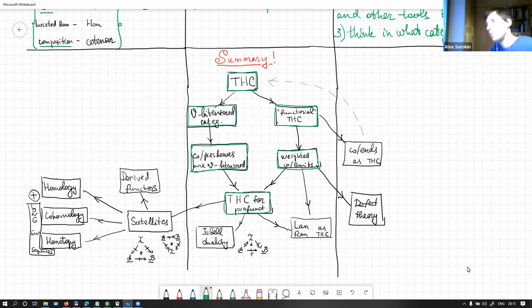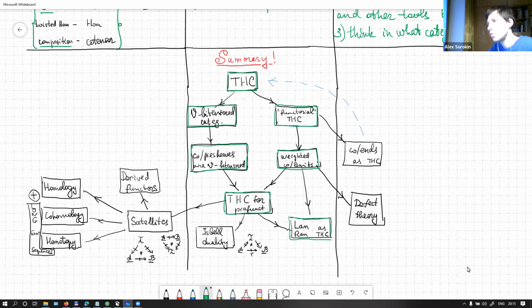Functorial THC, picking up correct friends, gives me the weighted limit-colimit adjunction. Nothing, I would say, criminal. Just as a definition, it gives us immediately that. And they together give THC for profunctors. THC for profunctors, as you saw above, and weighted limits and colimits give me both lan and ran as Tensor-Hom-Cotensor.